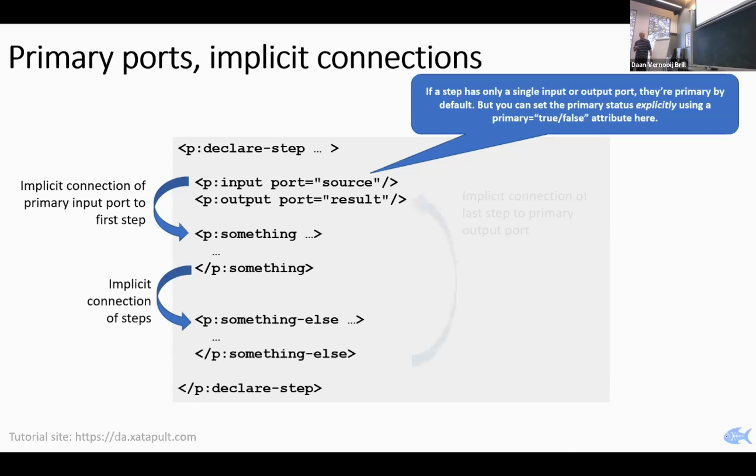And from there, because p something else is the last step in your pipeline, it flows back to the primary output port of your pipeline. So this is all very intuitive. It's like you would probably expect, but it's built through this whole primary port mechanism. You need to be aware of that if your pipelines get more complex, but this is what actually happens because of this whole implicit connection stuff.